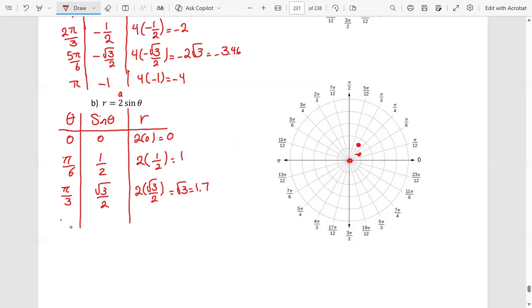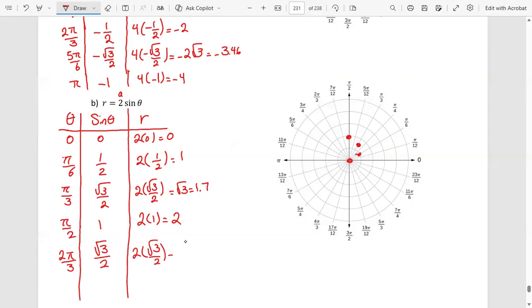If I replace pi over 2, I know that the sine of pi over 2 is 1, and 2 times 1 is just 2. For pi over 2, we have 2. For 2 pi over 3, I know that the sine of 2 pi over 3 is root 3 over 2, and 2 times root 3 over 2 is root 3, which is 1.7.